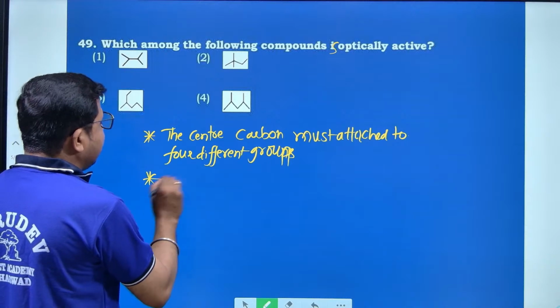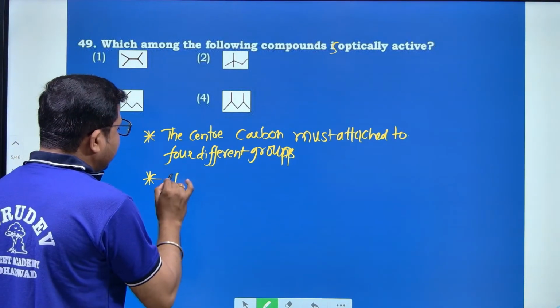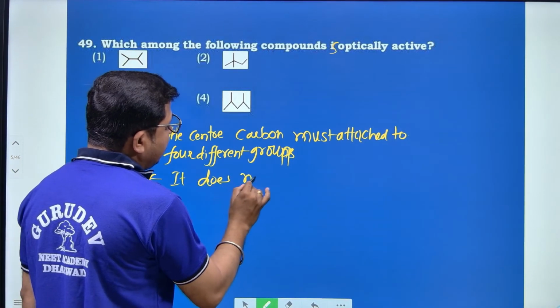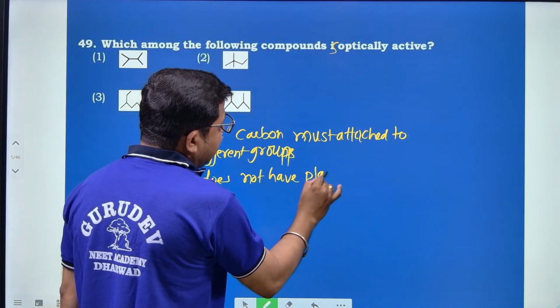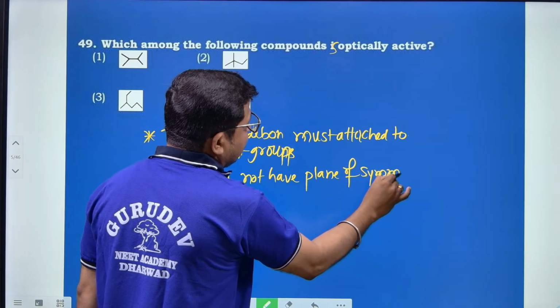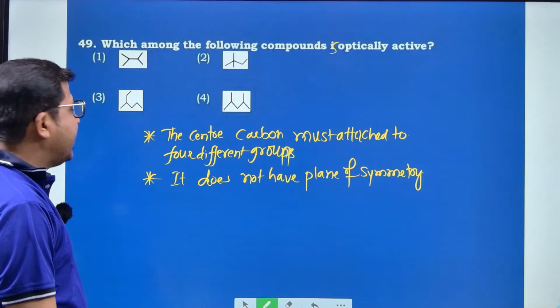And second one, it does not have a plane of symmetry.